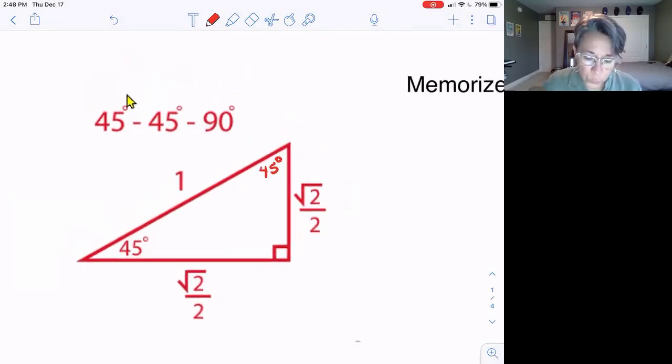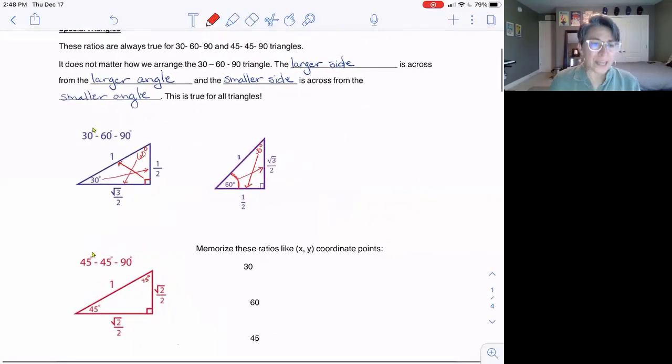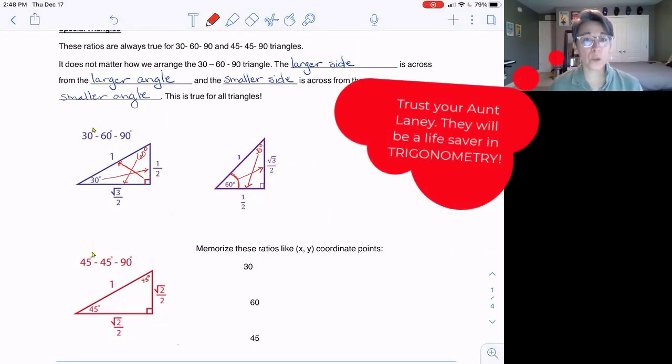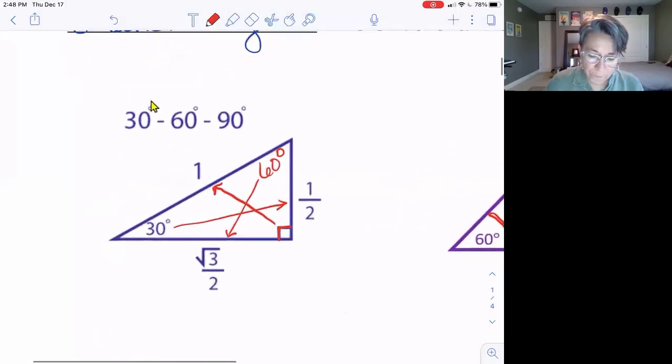The reason I am bringing up these special triangles early is because being familiar with these triangles is really going to help you with your trig, which is going to be coming up pretty soon. So I'm kind of warming you guys up. So let's look at this top left triangle again.